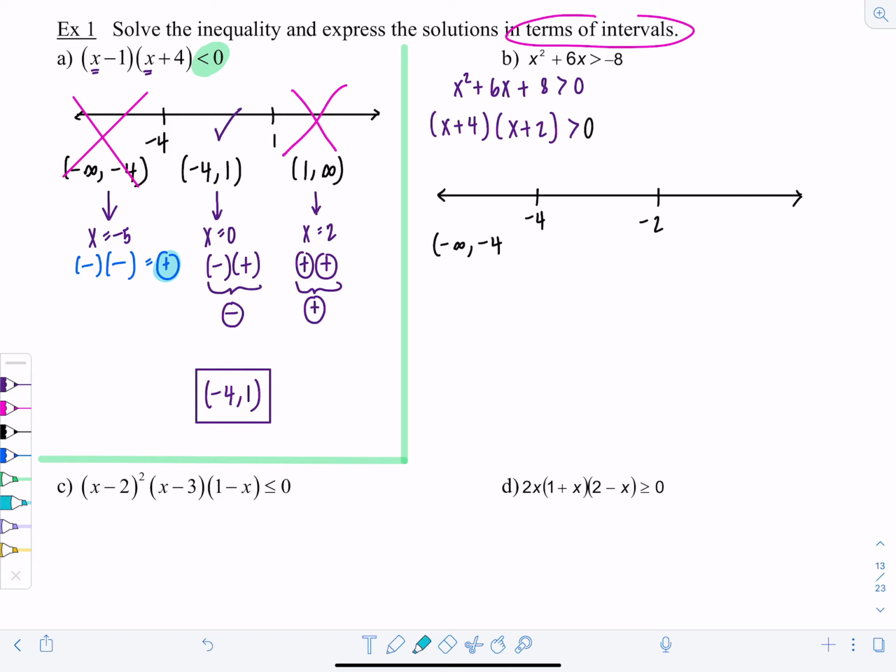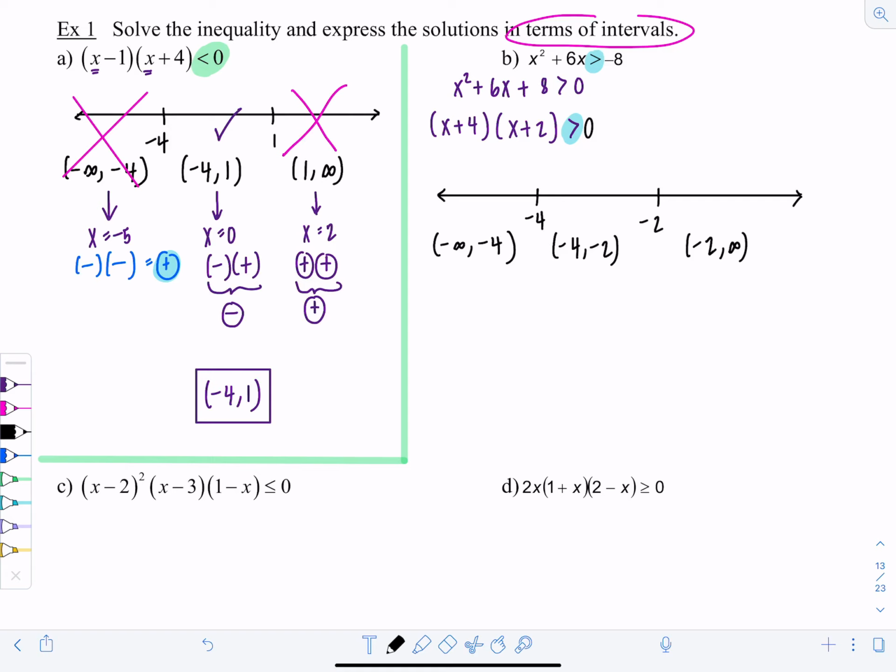How do you know? You look back at the inequality sign. Since it's a strict inequality, it's just greater than 0, not greater than or equal to, then I put parentheses. We're not including -4. Next interval is from -4 to -2. And then the last one is from -2 to infinity.